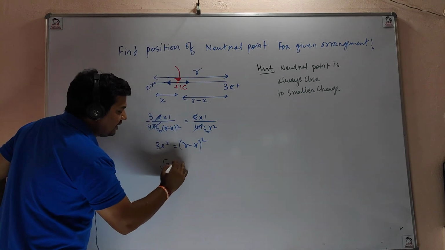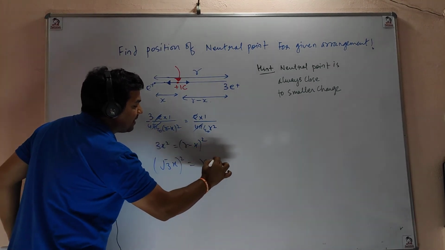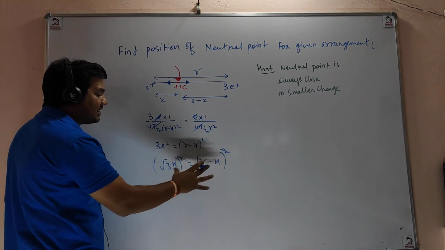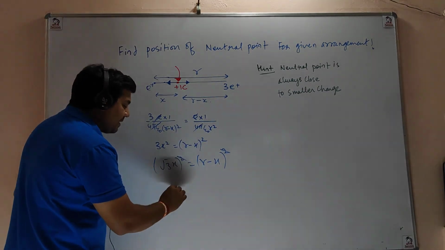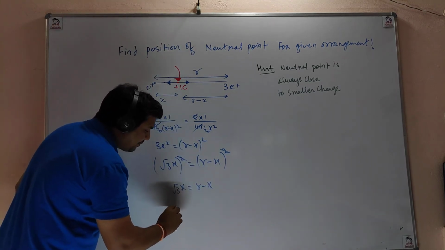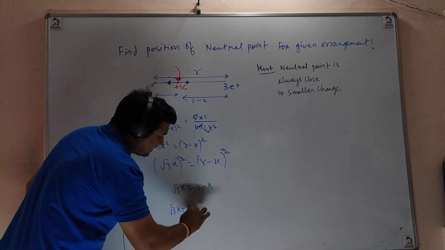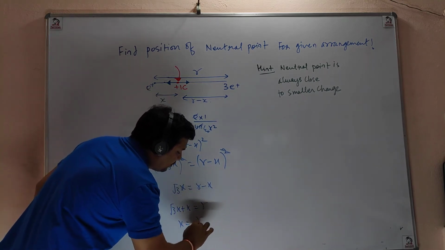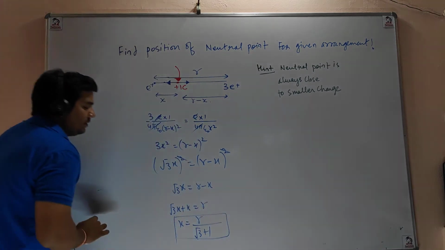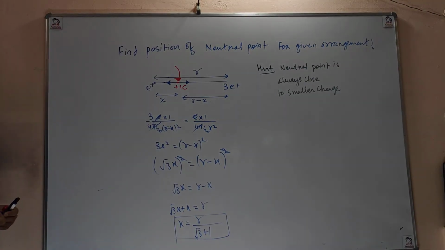You can write this as (root 3 x) whole square is equal to (r minus x) whole square. Yes, it is wrong according to maths, but we can do this much in physics without writing plus minus. Bring this x to the opposite side: root 3 x plus x is equal to r. So x is equal to r upon (root 3 plus 1). This will be the position of the neutral point.